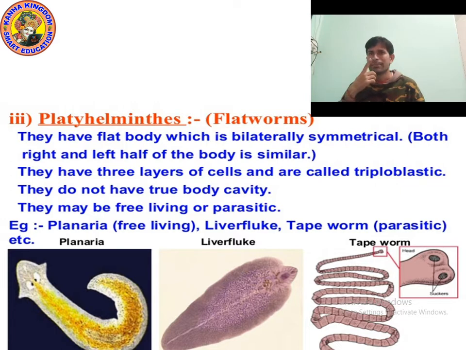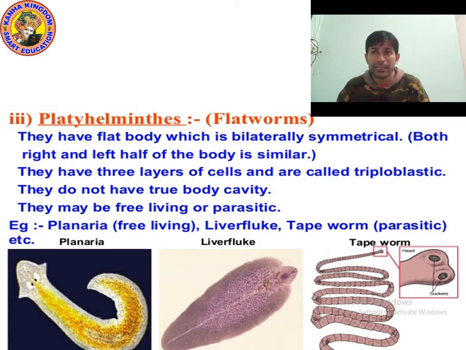Bilateral symmetry means if I draw a line at the center of anyone and both parts look the same, then it is called bilateral symmetry. Now look at my face. If I draw a line at the center, both parts will look the same.